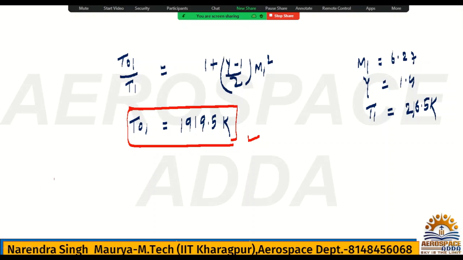Okay, so again I am writing a note here. Total temperature, it is also called stagnation temperature.